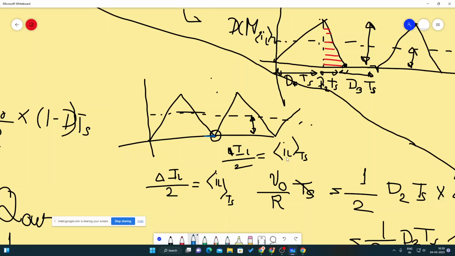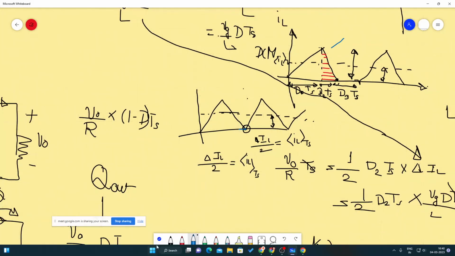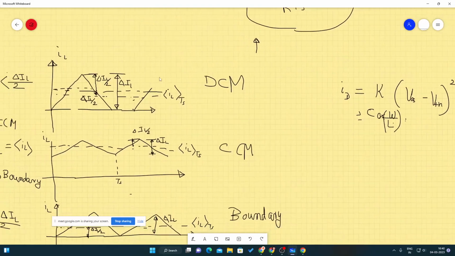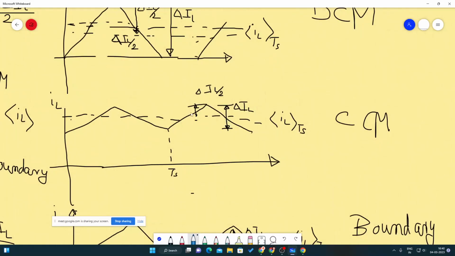So sir, at that time where will be the average value in the CCM? Can you draw the approximate point at which the average current will be? It's this, the central line, the average inductor current, and it is this much.